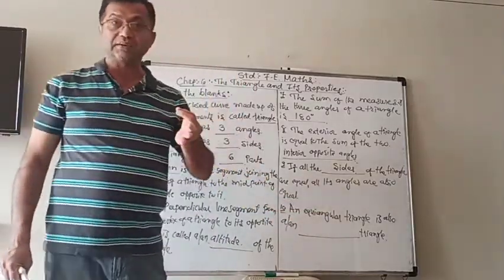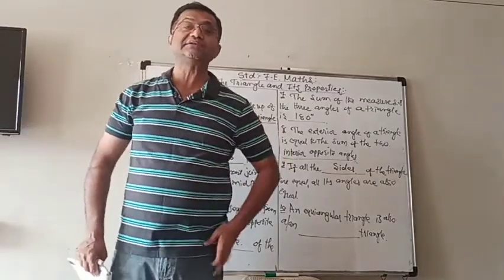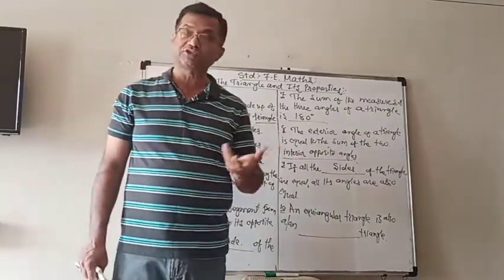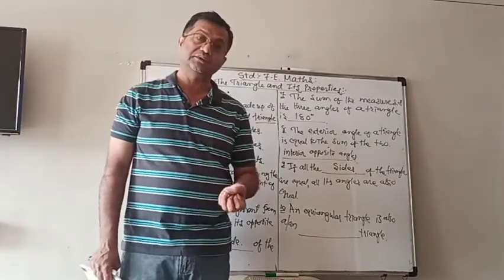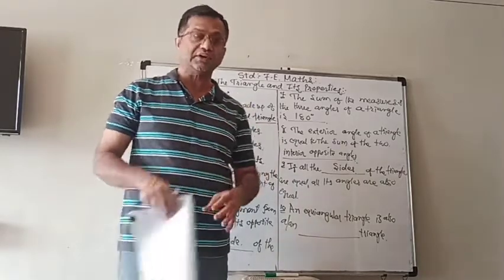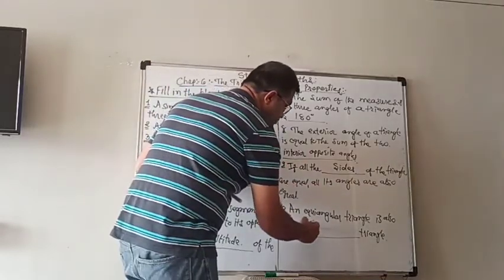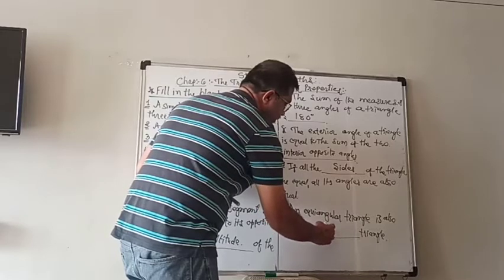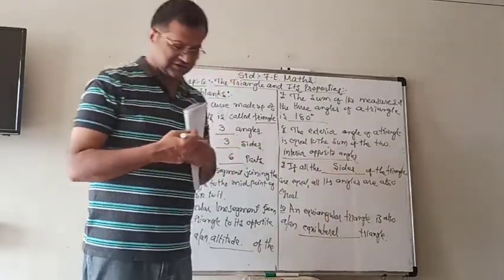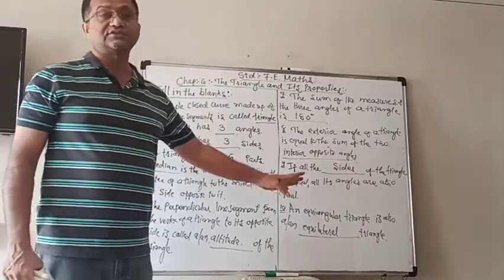We know equilateral. Equilateral means having three sides equal. Equiangular means three angles are equal. So if all the three angles are equal, then the three sides also will be equal. And if three sides are equal, what do we call that triangle? It is equilateral. So when it is equiangular, it is also an equilateral triangle. So if you remember the definitions and the properties of the triangles, you can write down this answer.